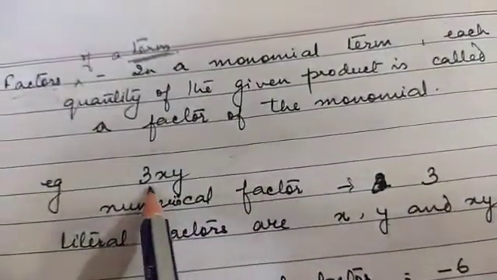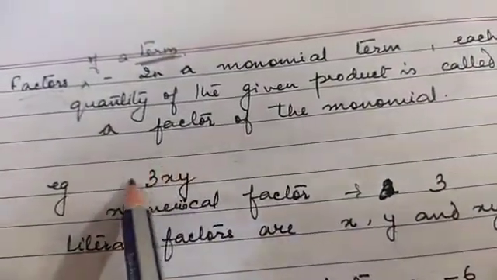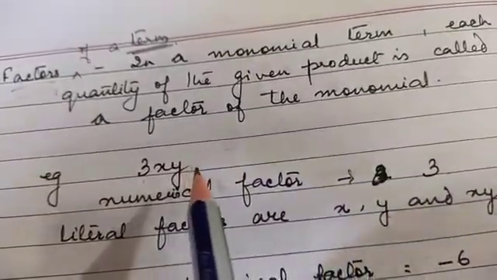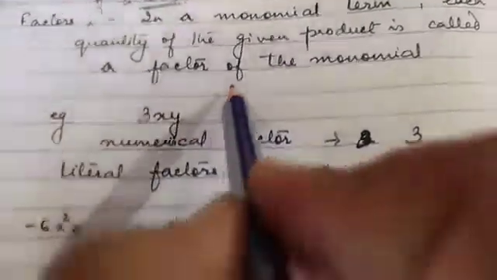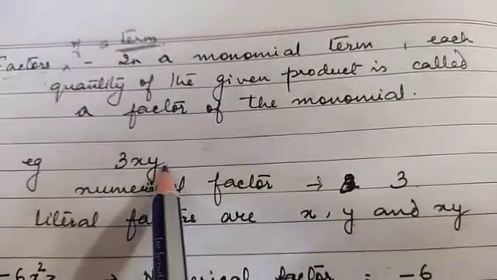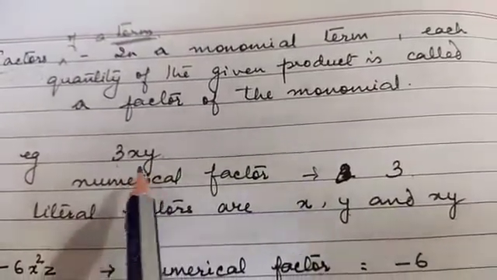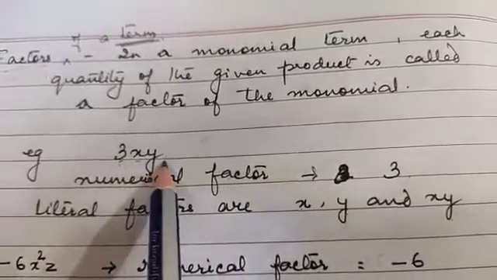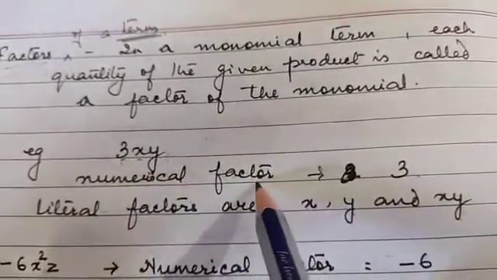What is a term? Literals and constants written together without a plus or minus sign is a term. That means here we will consider only the monomial term. In a monomial term, each quantity of the given product is a factor of the monomial.